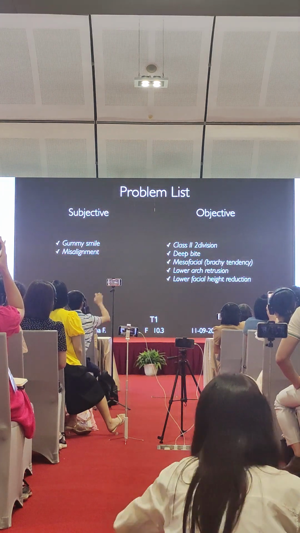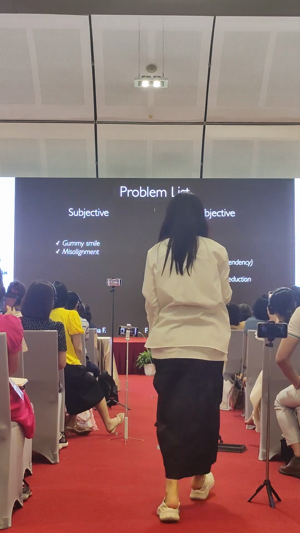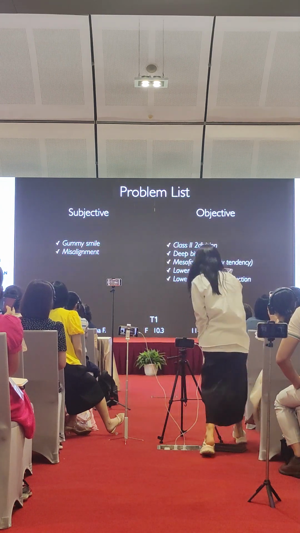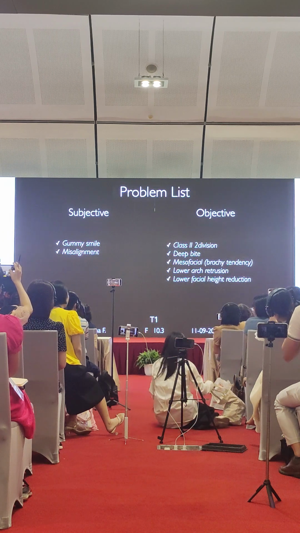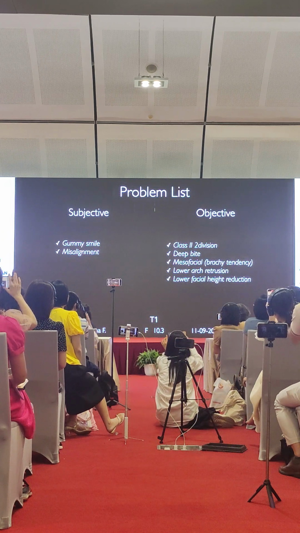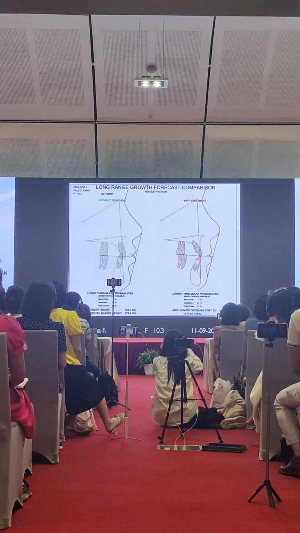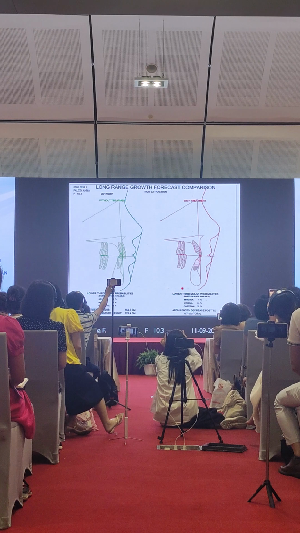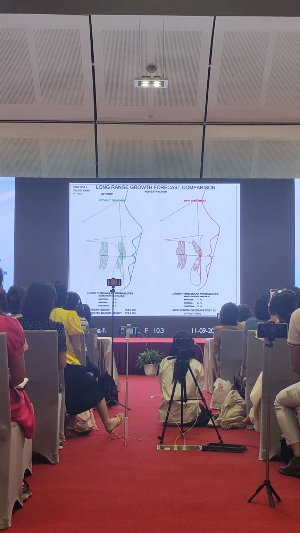The patient complained just of a mild misalignment of the upper front teeth, but she is, as I said, class 2 division 2 deep bite, with the brachy tendency, and the lower arch retrusion. In green you can see our long-range forecast. In red you can see our visual treatment objective.